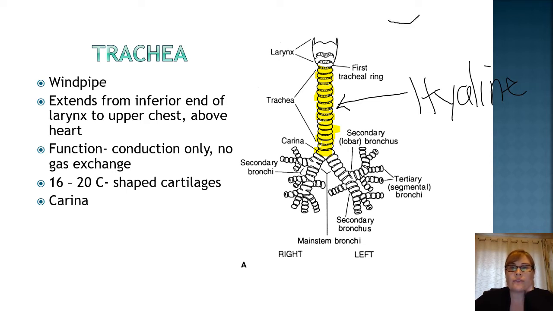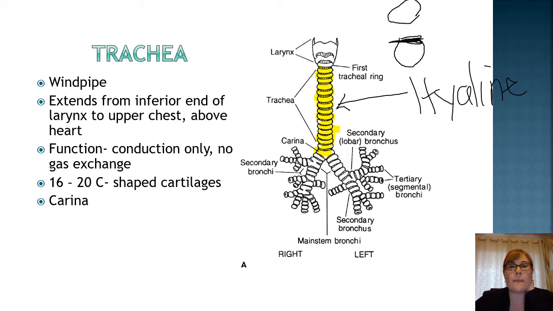If you look at it from the back, you'd expect it to go all the way around, but it doesn't. The back is made of a different material, more muscle. We call these rings C-shaped because they don't go all the way around, and the next slide will help reiterate that a little bit more.